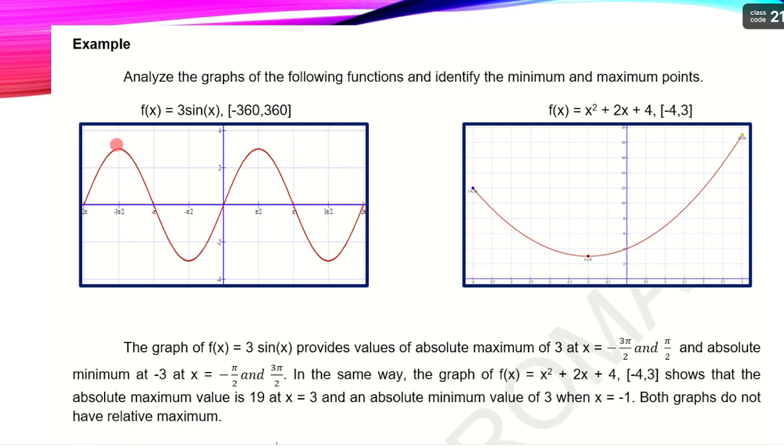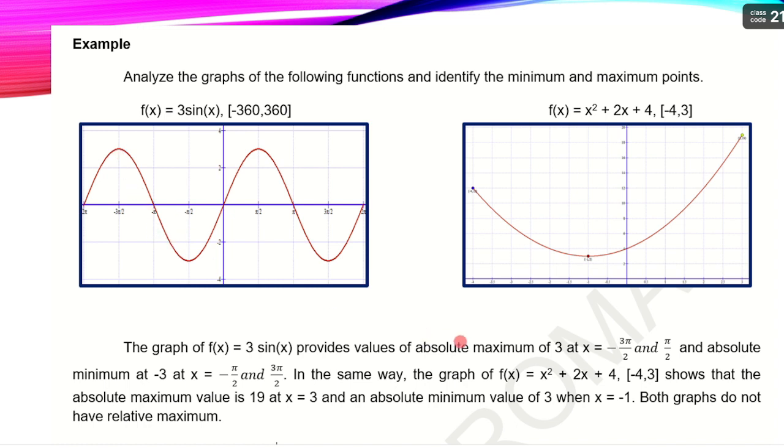But you will notice that the graph already provides the absolute minimum and the absolute maximum. We have the absolute minimum and the absolute maximum at x equal to negative 3 pi over 2 and pi over 2, and at x equal to negative pi over 2 and 3 pi over 2. So its maximum is 3, its minimum is negative 3.